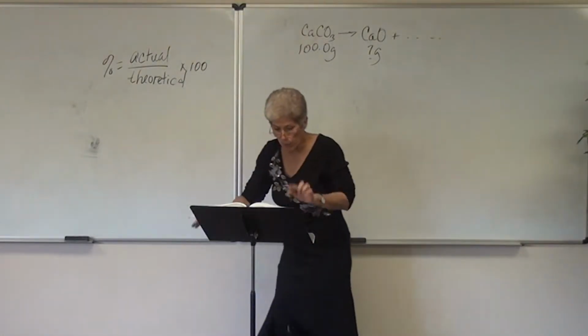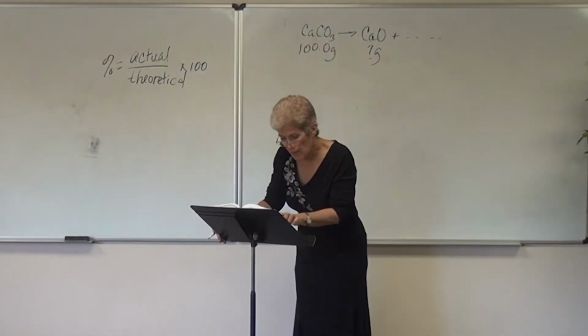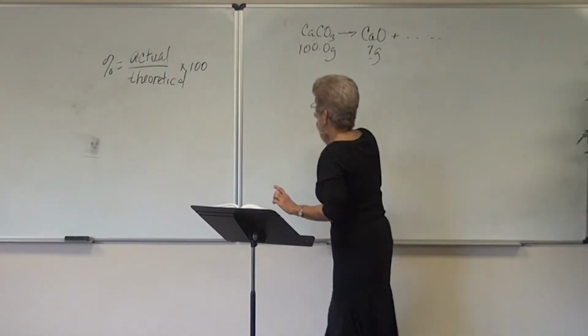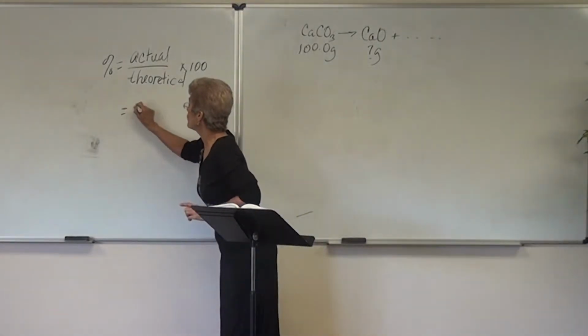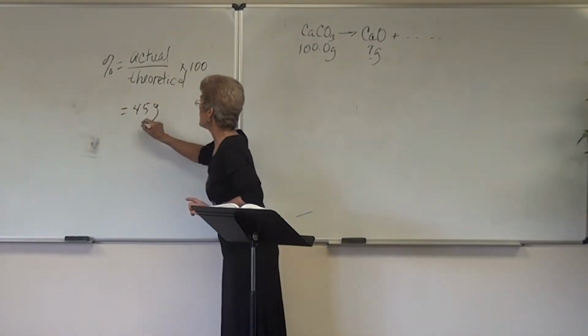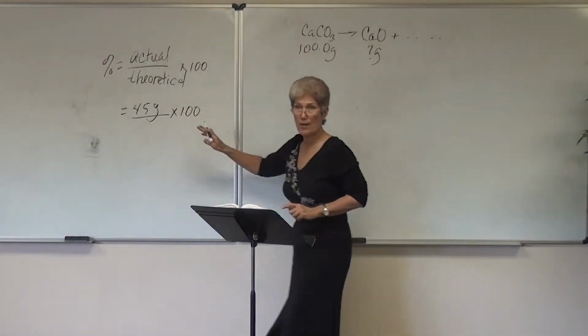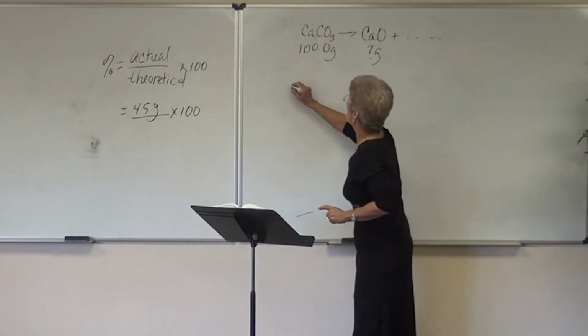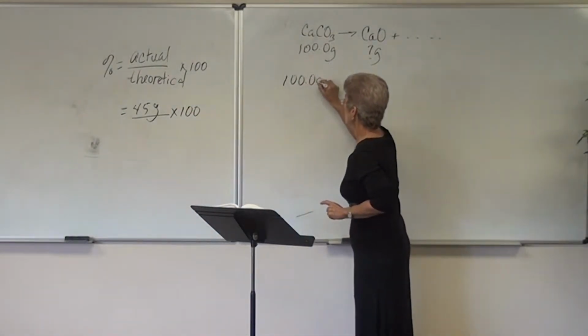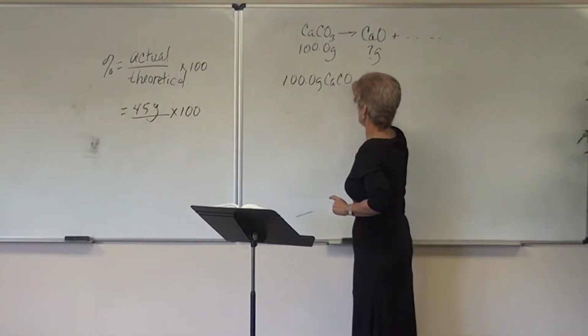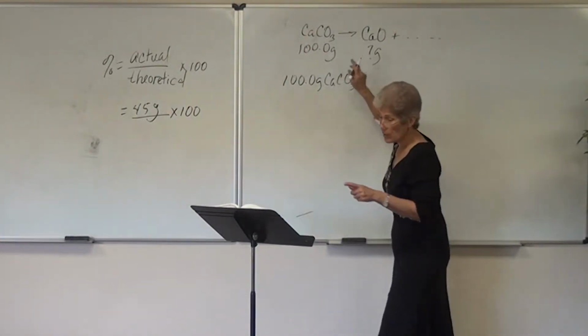Okay, now in the problem, it actually gave us the actual yield, which is 45 grams, right? We have to figure out the theoretical. That's what we have to figure out. So we come here and we go, okay, well, we have 100 grams of calcium carbonate. This is a 1-to-1 relationship, notice.